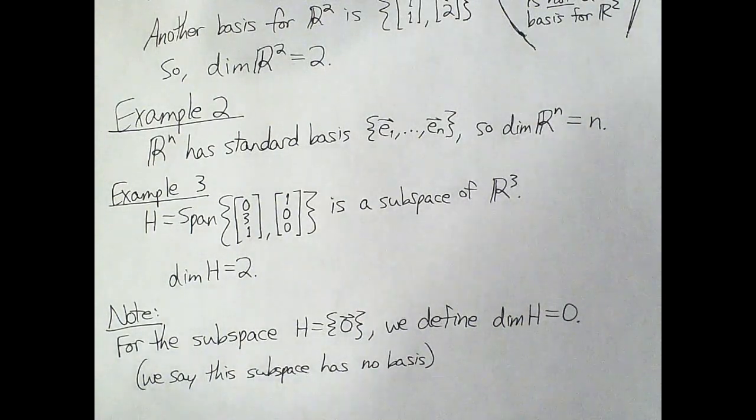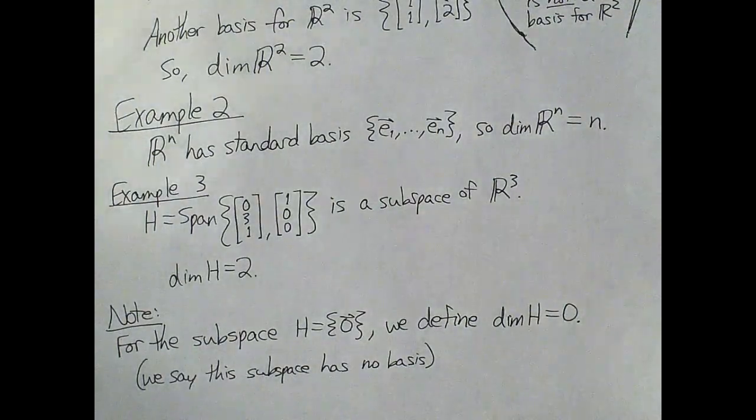It wouldn't really be consistent with other subspaces of dimension 1. Other subspaces of dimension 1 are the span of a non-zero vector, which means they have infinitely many elements. This is different from that. This doesn't have infinitely many elements. This feels smaller than something of dimension 1. So we actually define it to have a dimension of 0.